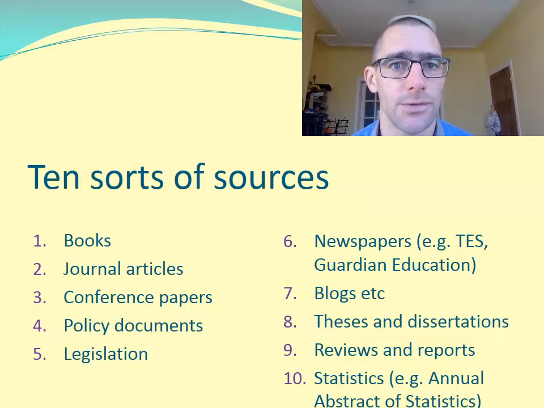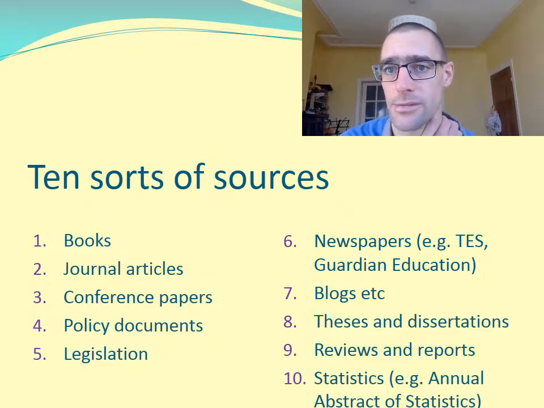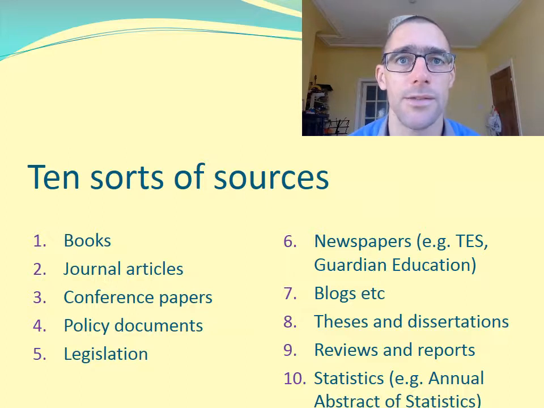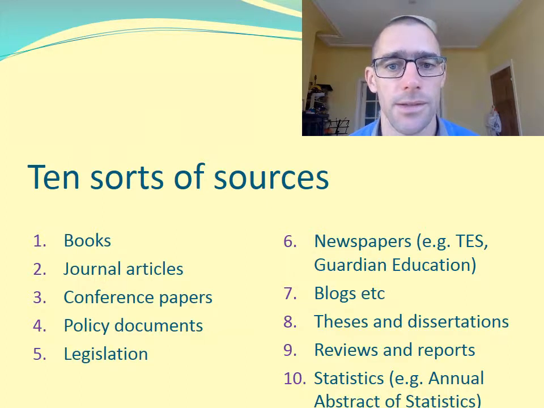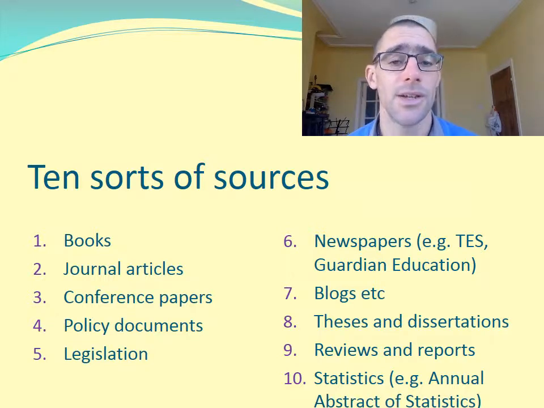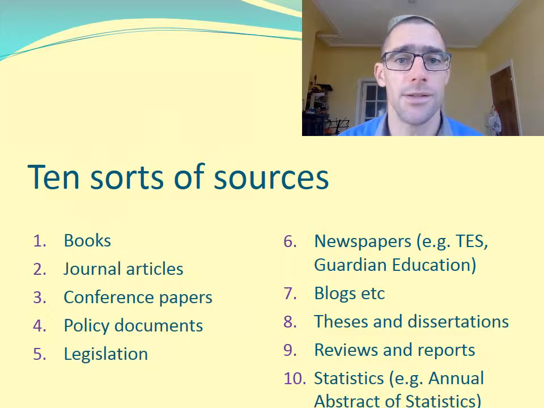And the same with other sorts of grey sources of literature like blogs. You probably don't want to be referring to a whole list of blogs, but they might be useful in giving examples of something that you're studying. So think about combining different kinds of sources, and again, the librarians can help you to locate these. Think about combining different kinds of sources, but think critically about the nature of each source. And that's what we'll look at next.